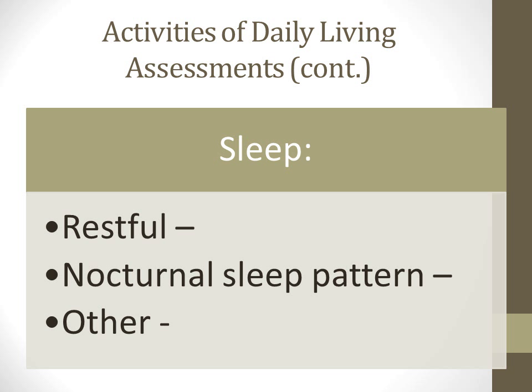And the AMA Guides 5th edition defines impairment as, quote, a loss or loss of use or derangement of any body part, any organ system, or organ function. And this is found on page 2 of the guides.